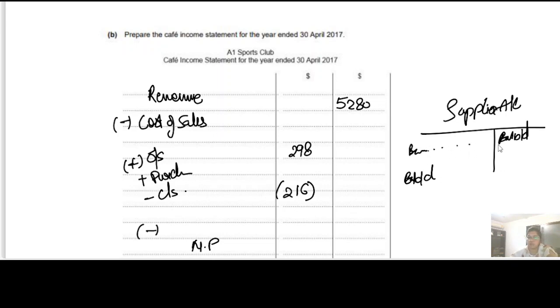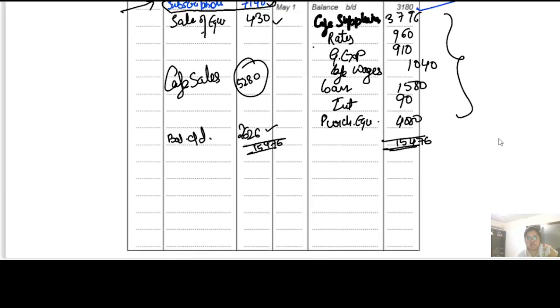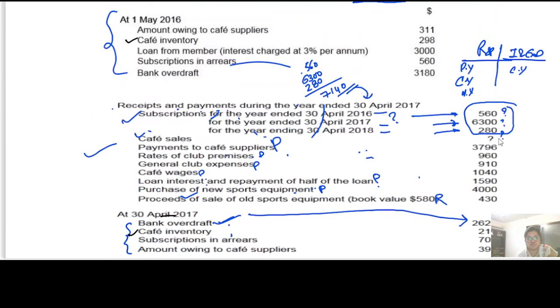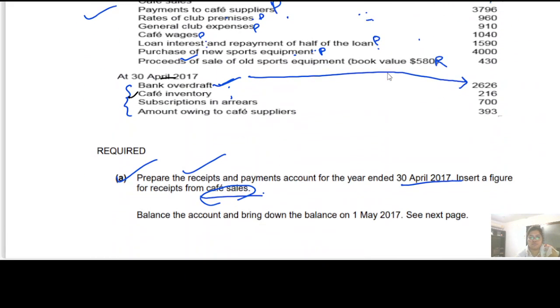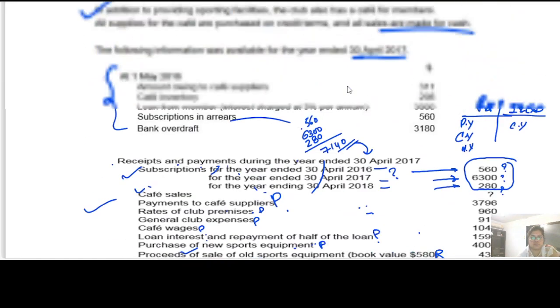After preparing this supplier account, what is your supplier opening value? It is also given to you in your question. Amount owing 311. Then closing value 393.